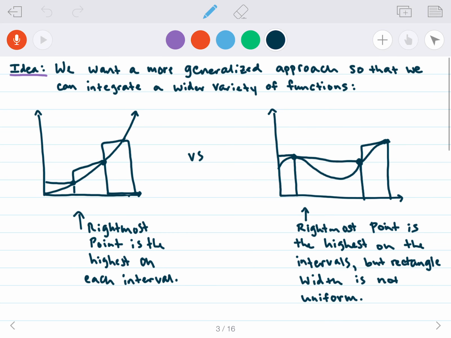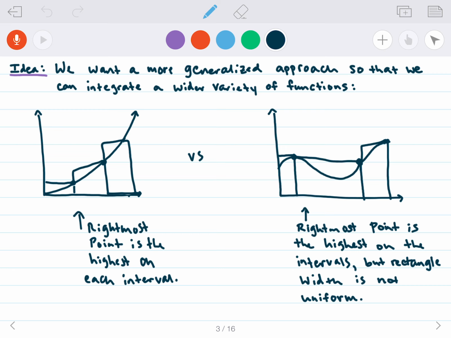So let's talk about generalizing this idea to integrate more interesting functions using that limit definition. The idea is that we want a more generalized approach. Now, if you continue in your analysis journey, it's going to get even more general than this.